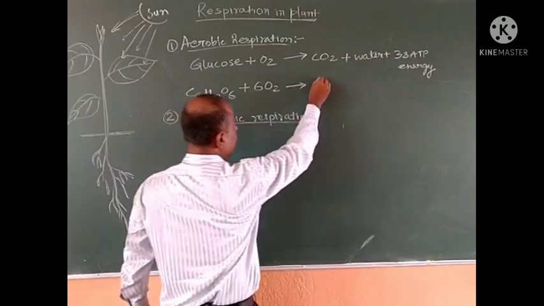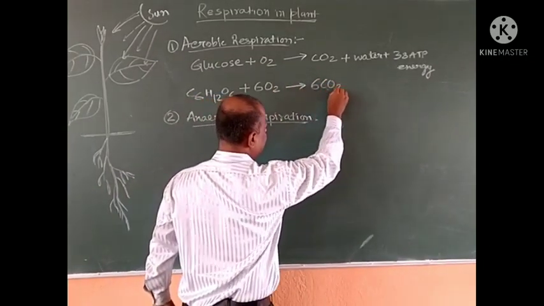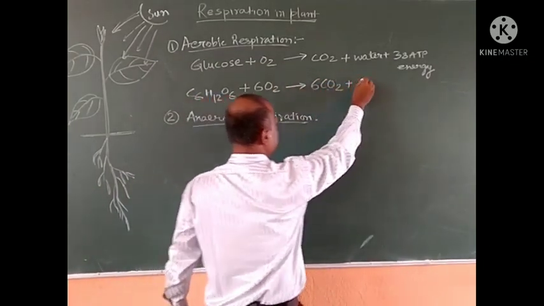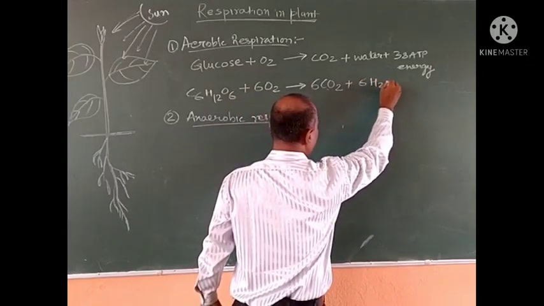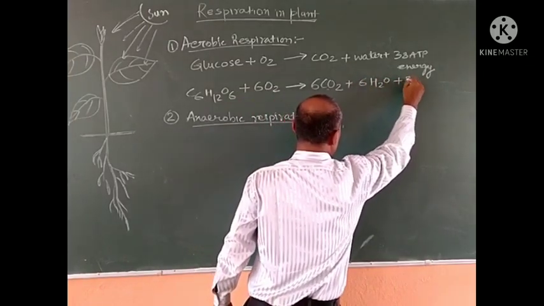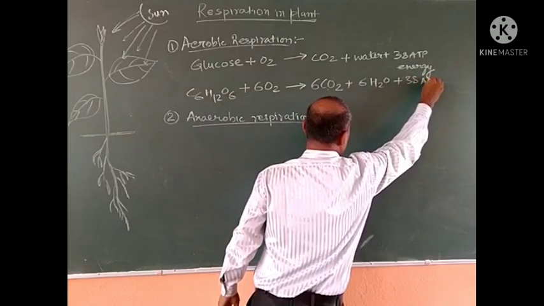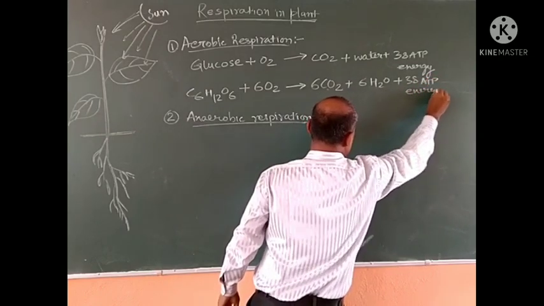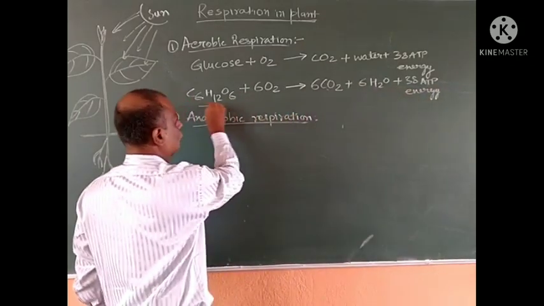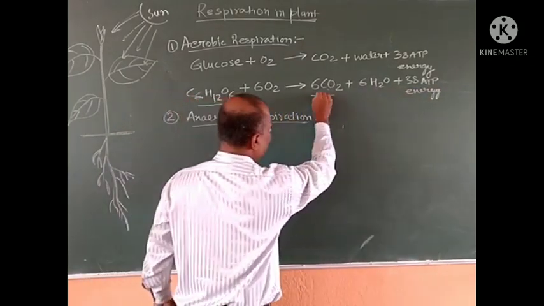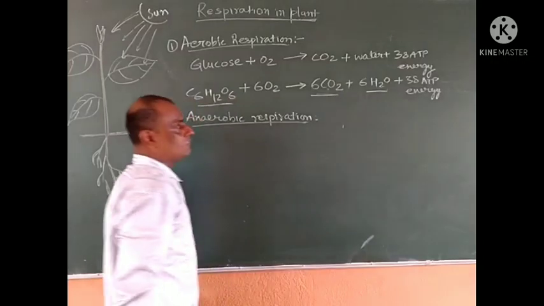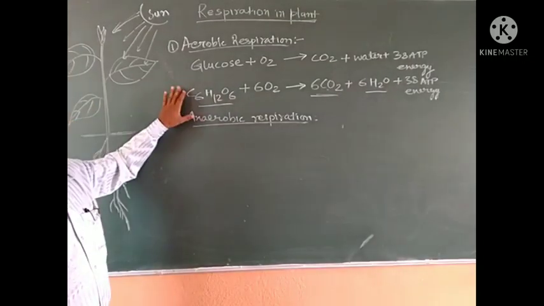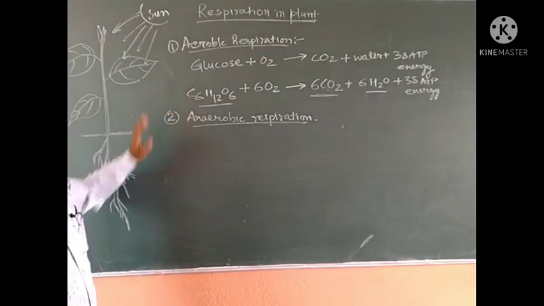It gives 6 molecules of carbon dioxide, 6 molecules of water and 38 ATP energy. Means you can see the glucose is totally broken down into carbon dioxide and water and gives energy. So all these processes take place in the living cell.